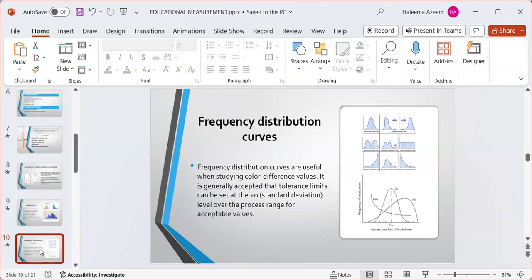Frequency distribution curves. Frequency distribution provides an overview of the entire group of scores, making it easy to see the general level of performance. A frequency distribution is an organized tabulation of the number of individuals located in each category on the scale of measurement.